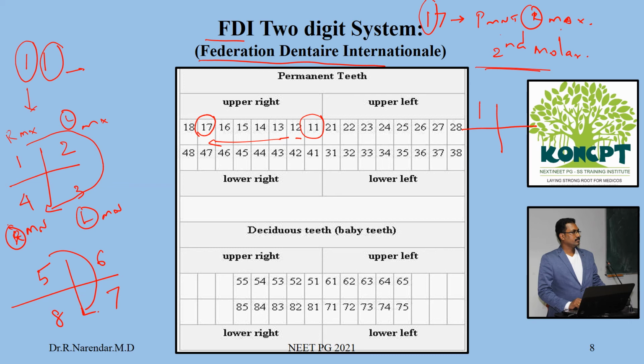Here starts with 1 in right maxillary, left maxillary is 2. Here right mandibular is 3, left mandibular is 4. There is a small change. This is modified FDI system.